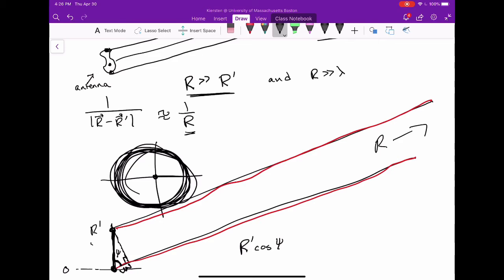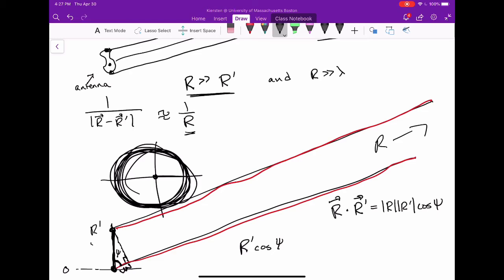Because we remember the properties of dot products, we know that r dot r prime is equal to the product of the magnitudes times the cosine of the angle between them.